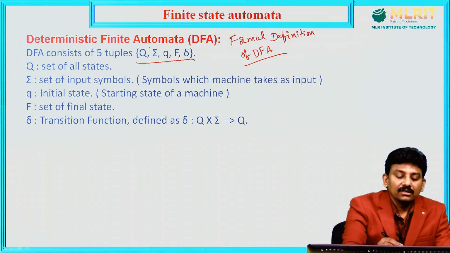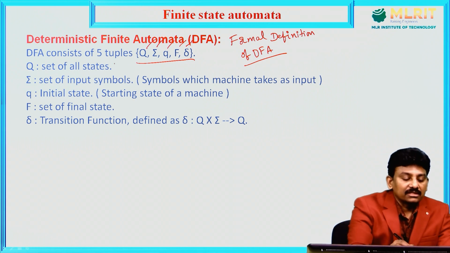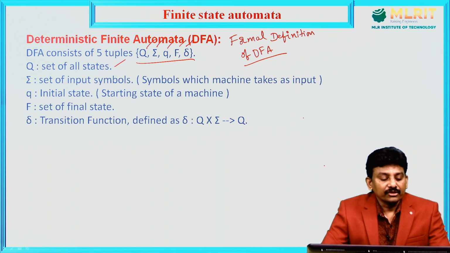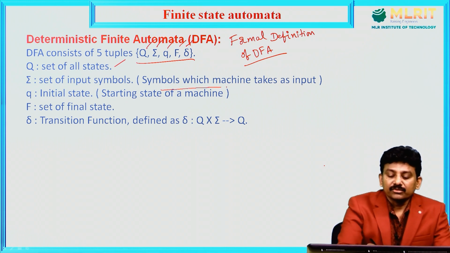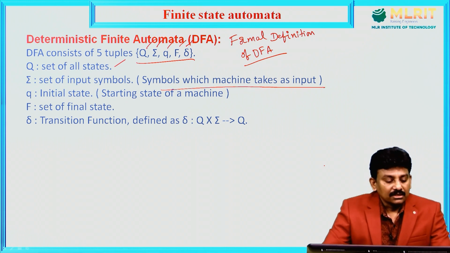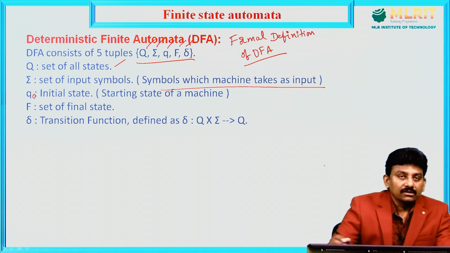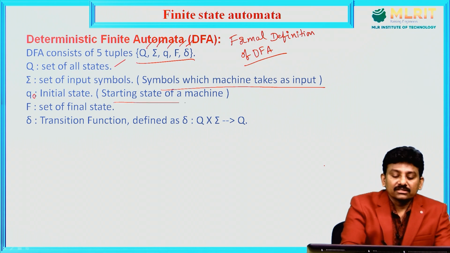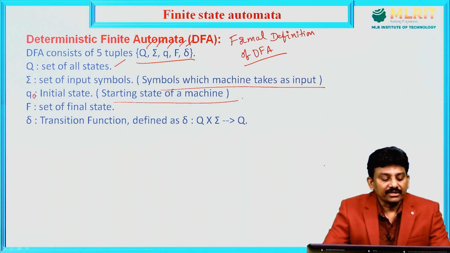Q is the set of states, the total number of states in the finite automaton. Sigma represents the set of input symbols which the machine takes as input. And q0 is the initial state or starting state of the machine. F is the set of final states.